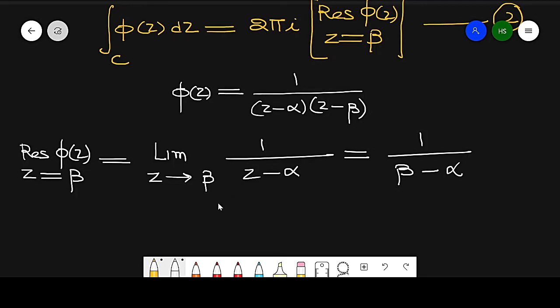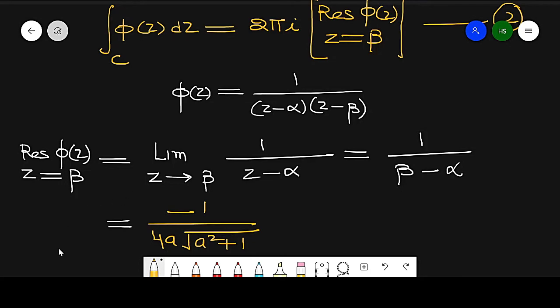So simply substitute the values of beta and alpha that we have been given. This value is equal to minus 1 by 4a into the square root of a square plus 1. So this is the value of the residue of phi z at the point z equal to beta.